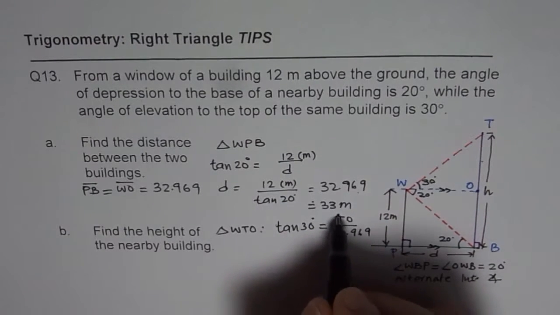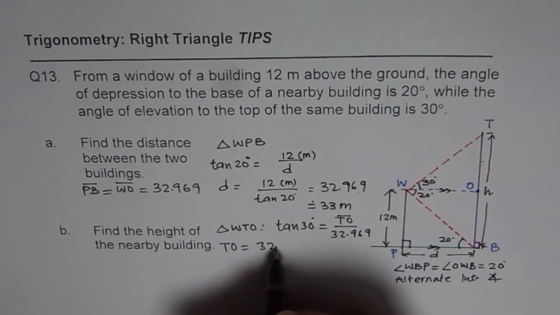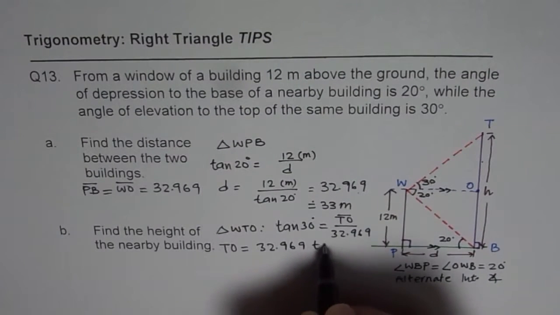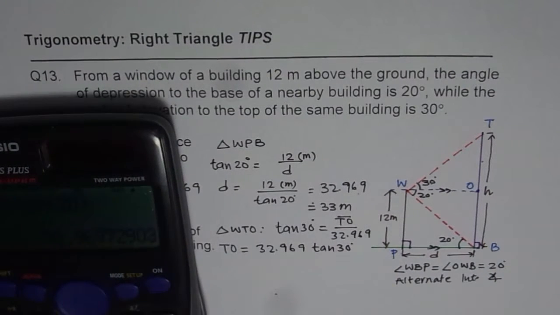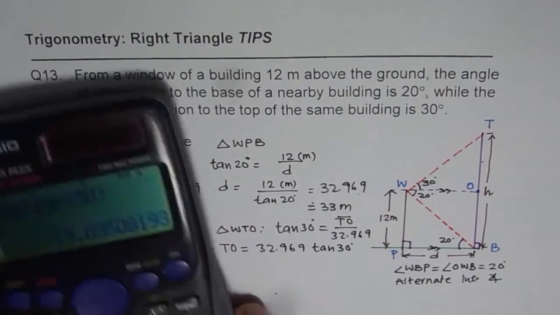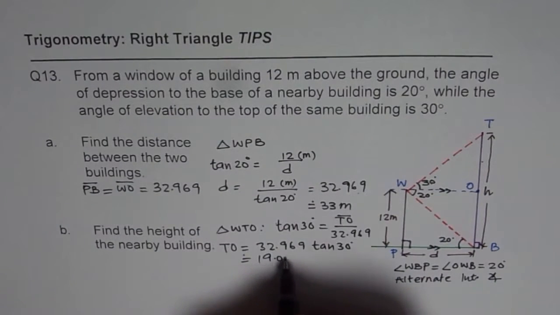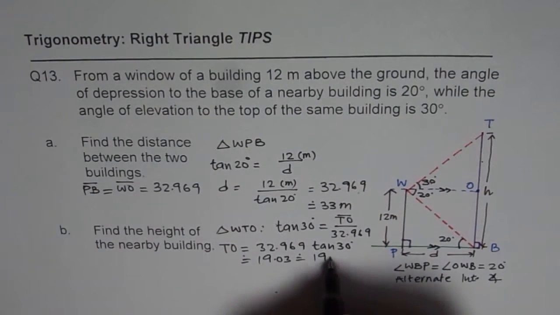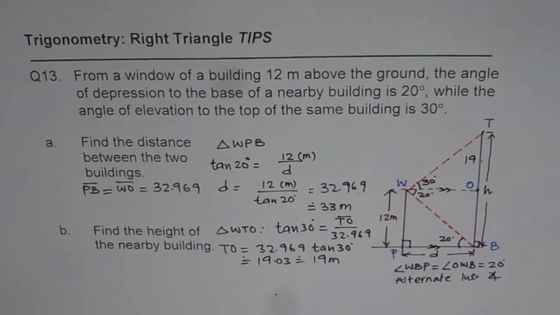So TO, the height, is equal to 32.969 times tan of 30 degrees, correct? So we already have 32.969 in the calculator. We'll multiply that by tan of 30 degrees and we get 19.03, approximately 19 meters. So that is TO, which is 19 meters.